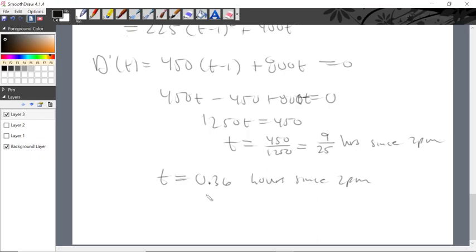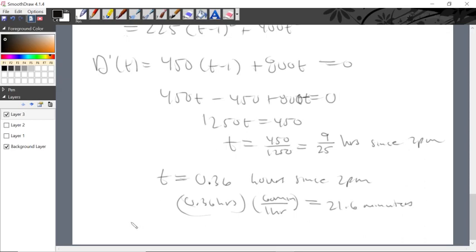Let's turn that into minutes. We have 0.36 hours, and for every 1 hour there are 60 minutes, so multiplying by 60, we get 21.6 minutes. And 6/10 of a minute is about 36 seconds.